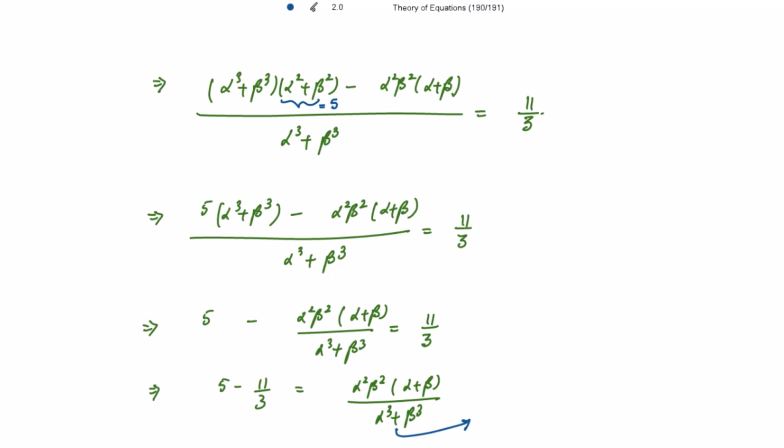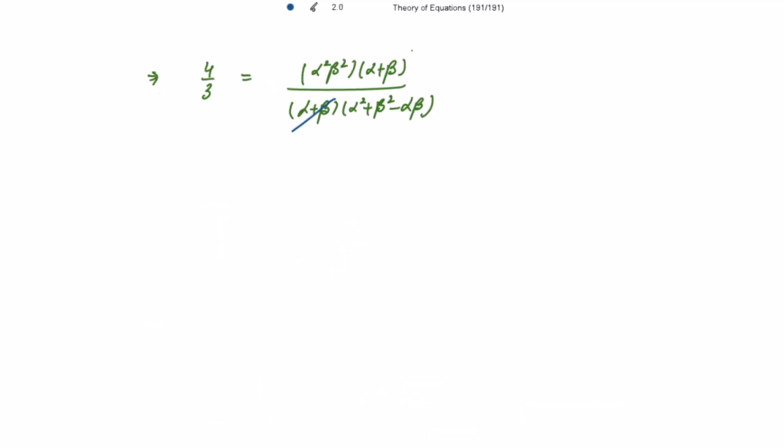Please recall that alpha cube plus beta cube can be written as alpha plus beta into alpha square plus beta square minus alpha beta. And the left hand side becomes 4 divided by 3. So these two cancel out.